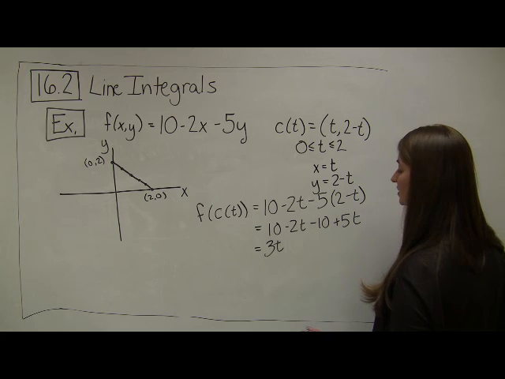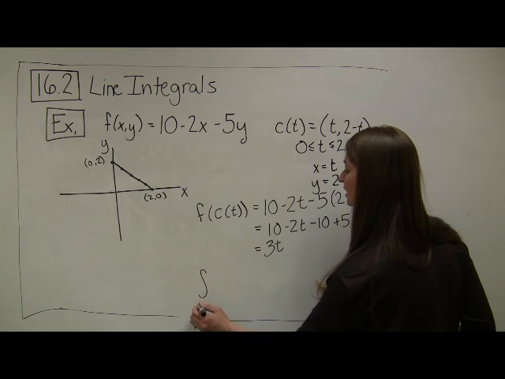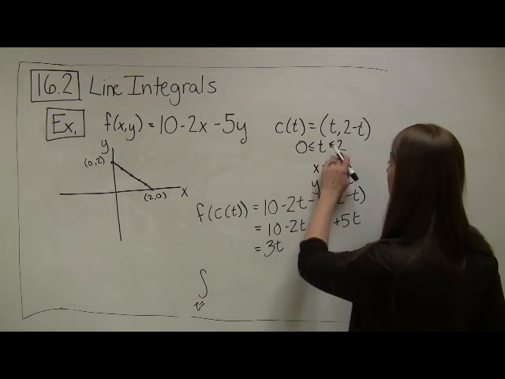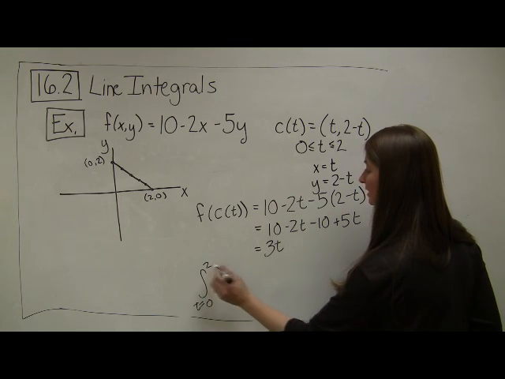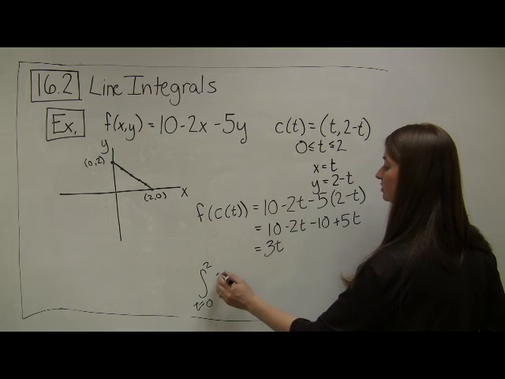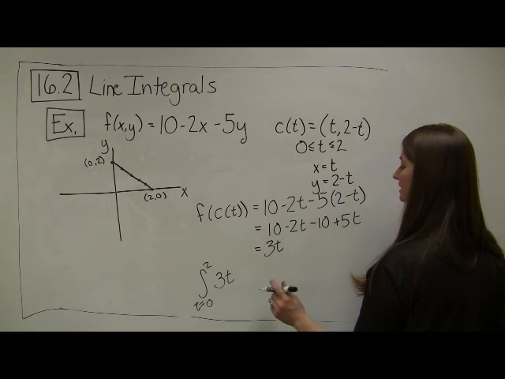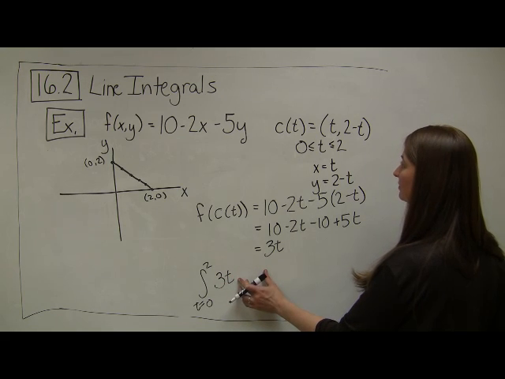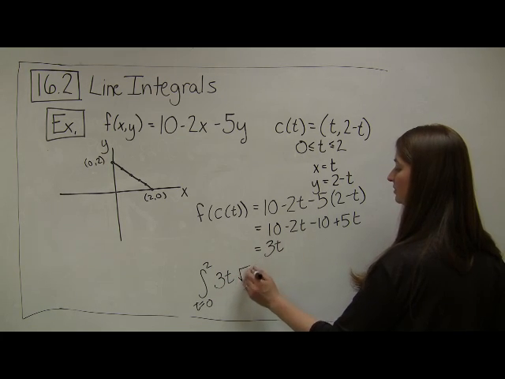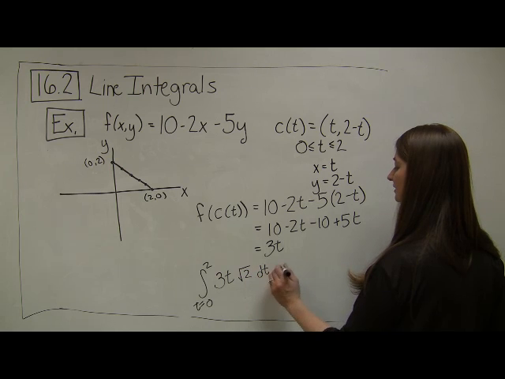So it means that my final integral is going to be an integral from t equals 0 to 2, because those are the bounds on t, of my f of c of t function, which is just 3t, times the magnitude of c prime of t, which we already calculated to be the square root of 2, dt.